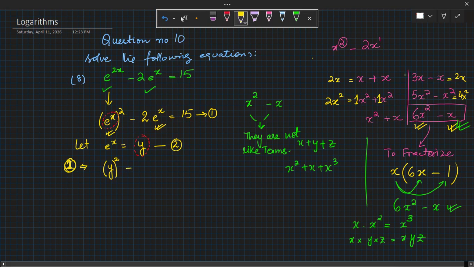Now the minus sign will come, and then 2 exponential x. What have we supposed for exponential x? We are calling exponential x equal to y, right? So I should write y here, and then there is an equal to sign.